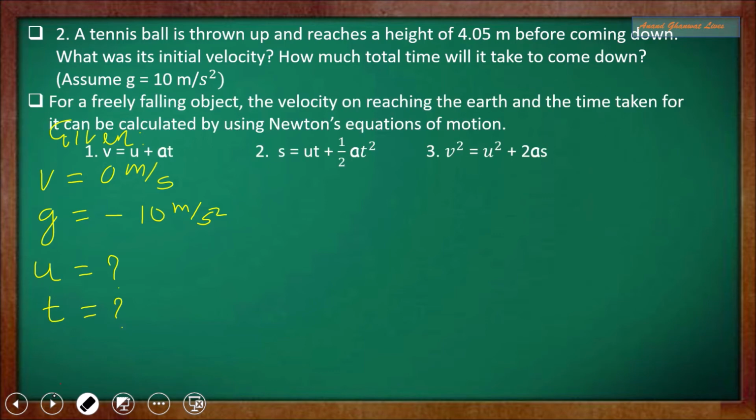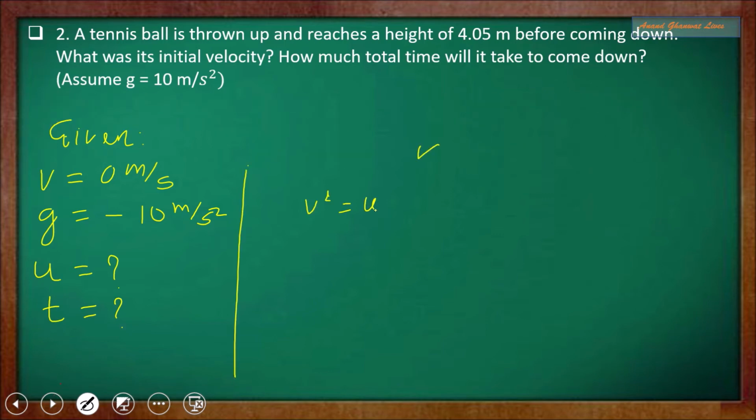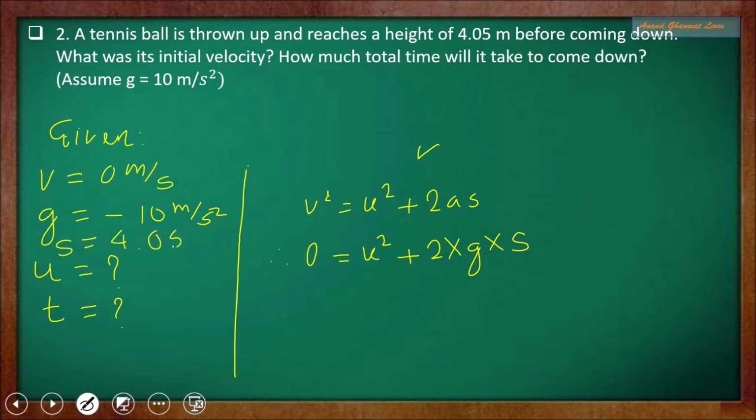v square is equal to u square plus 2as. Now put the known values, that is v is equal to 0. We have to find initial velocity u plus 2 into a, meaning acceleration due to gravity g, into s. S is given here, s is equal to 4.05 meter.